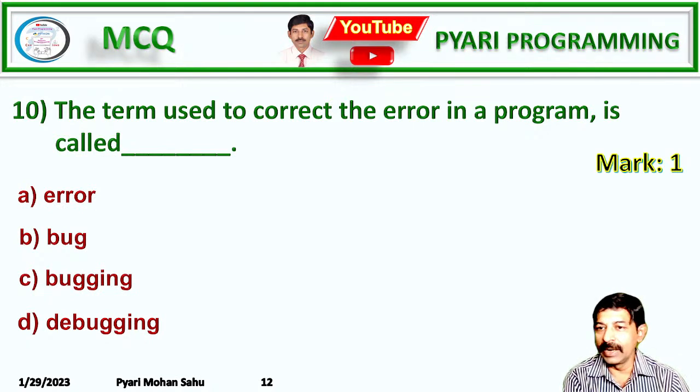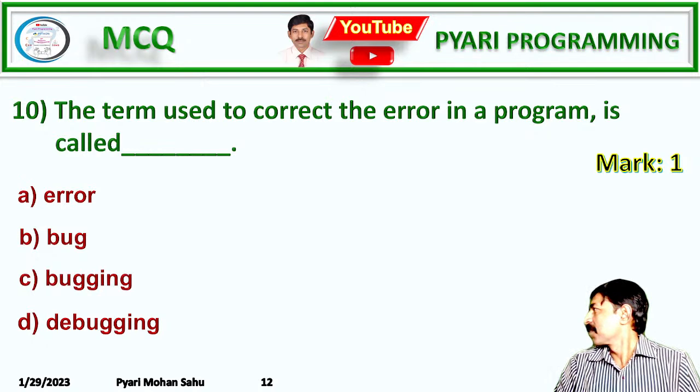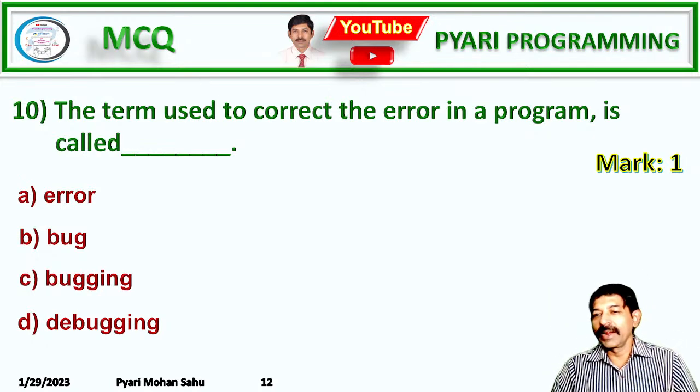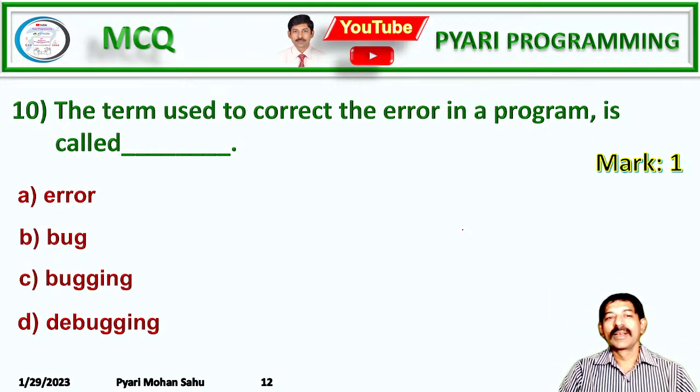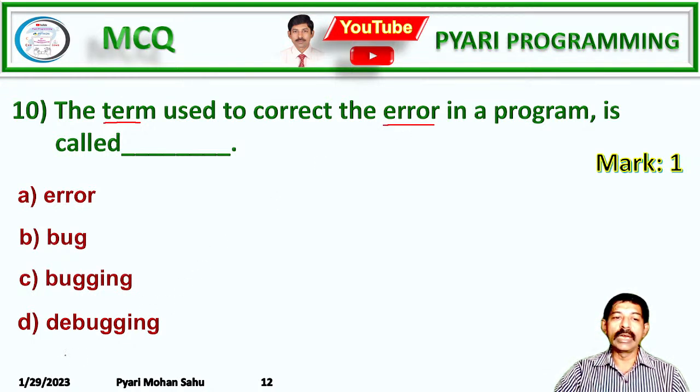Om says 10D. 10 का आंसर आ गया अभी. Very good. D. Very good. It is called debugging. The term that we use to correct an error, to modify or rectify an error, is called debugging.